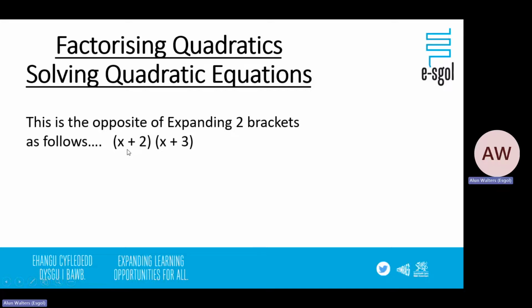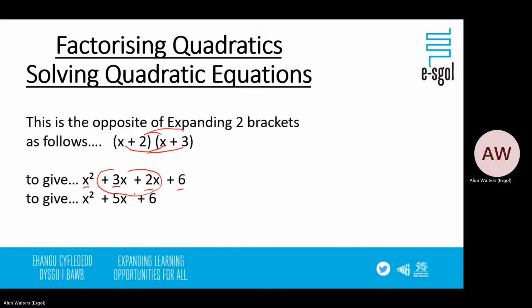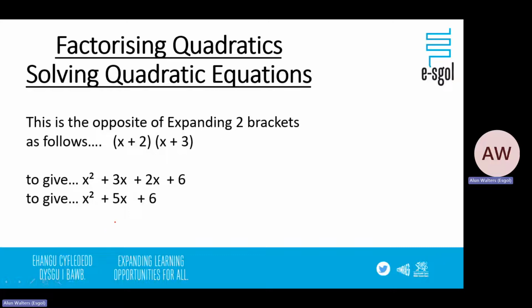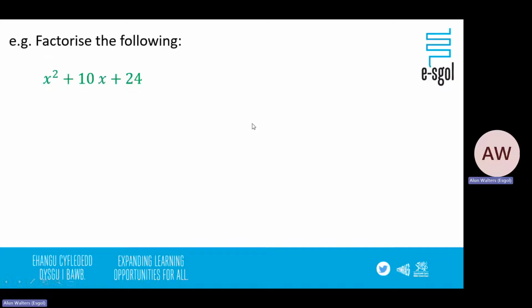So just to recap how we multiply these, you say x times x is x squared, x times 3 is 3x, then you say 2 times x is 2x, and 2 times 3 is 6. And then we total up the 2 middle values, we sum them, and we get that. Okay, so we're going to do the opposite of that today. Okay, that's considered easier work.